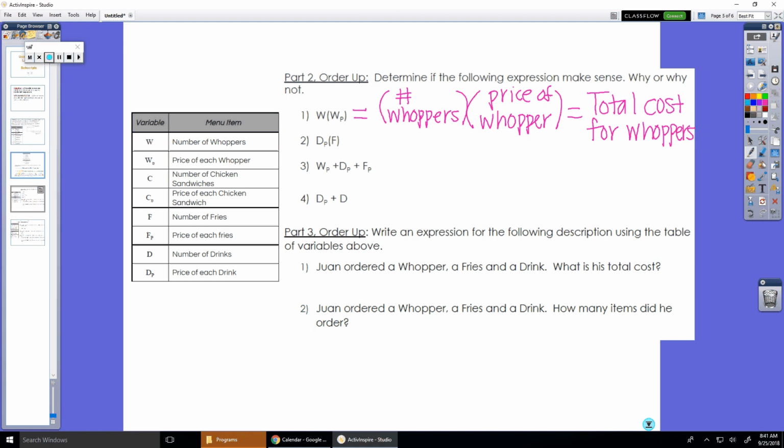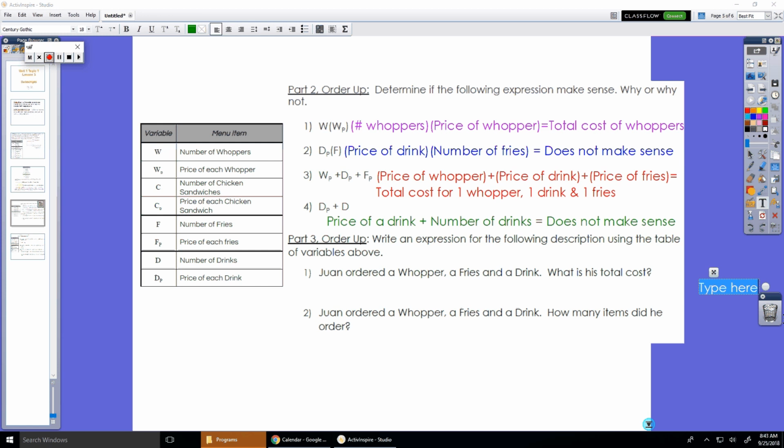Okay, so you want to go through each of them and identify what the expression actually means and if it makes sense or not. So this first one, yes, it makes sense. And my reason why it makes sense is because I identified what it is that they're actually doing there. Okay, so go ahead and finish this page. So let's look at the two that do not make sense.